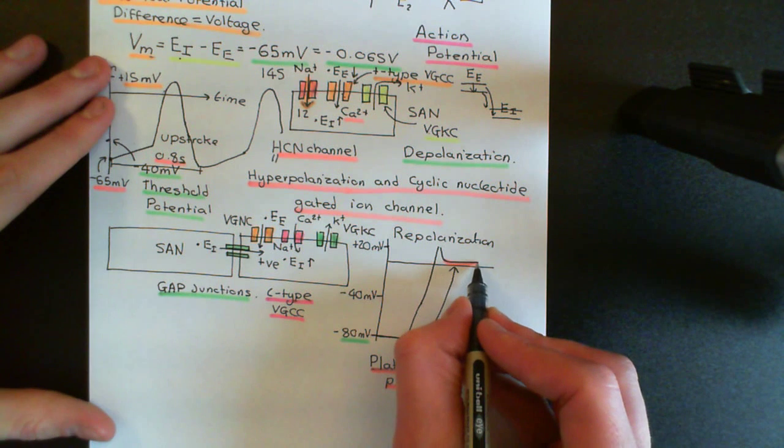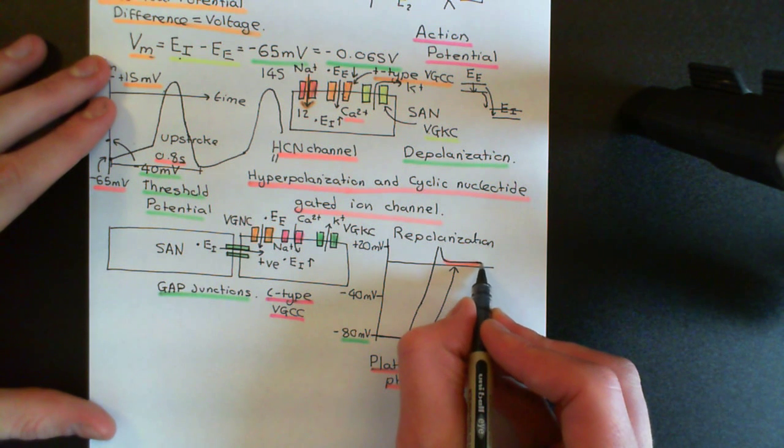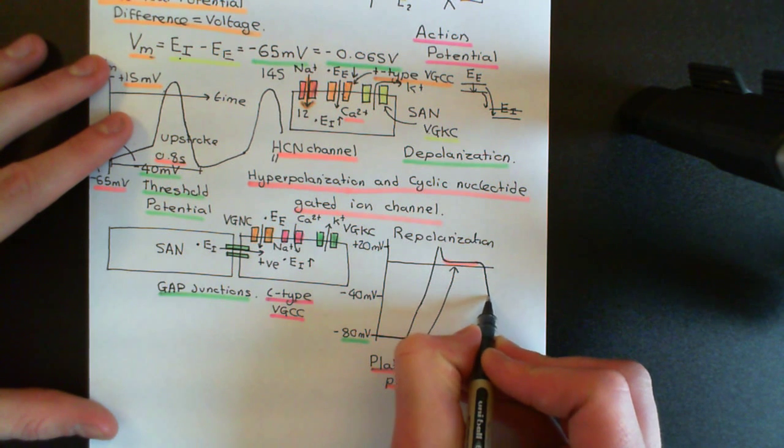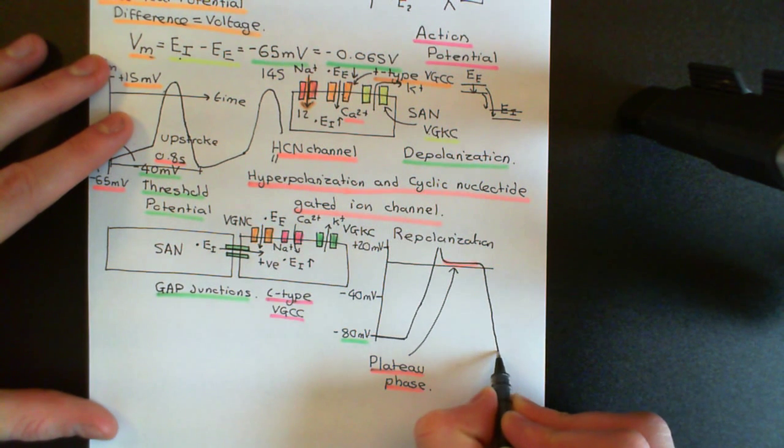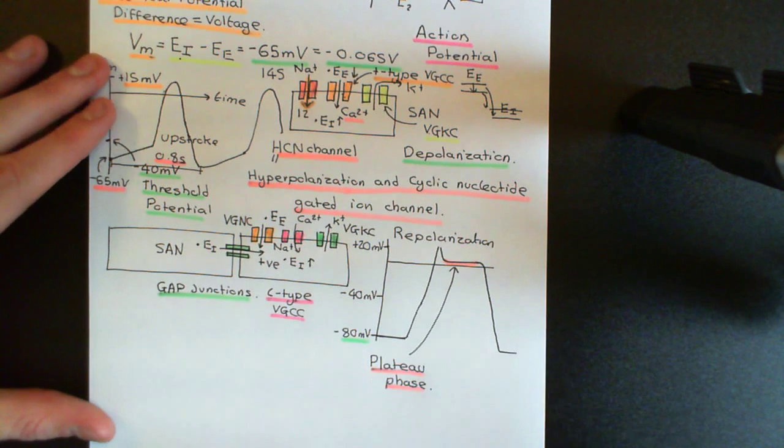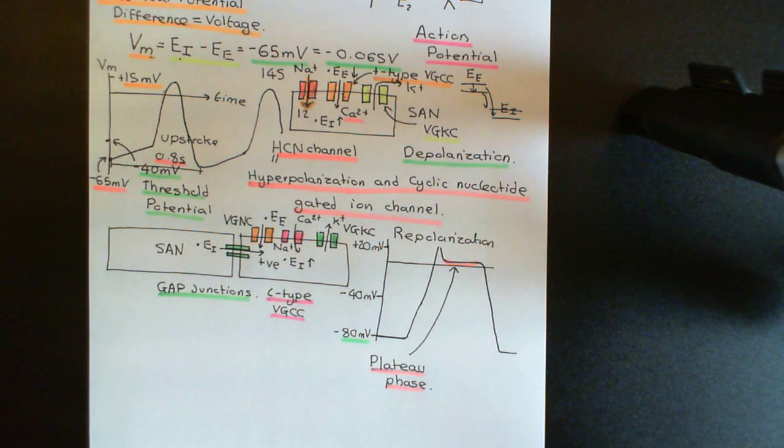So what ends up happening is the voltage-gated potassium channels start dominating as the voltage-gated calcium channels close and more voltage-gated potassium channels open, so you get a nice repolarization back down to negative 80 millivolts here. Then the voltage-gated potassium channels will start to close because we're back below their activating electrical potential difference of negative 40 millivolts.